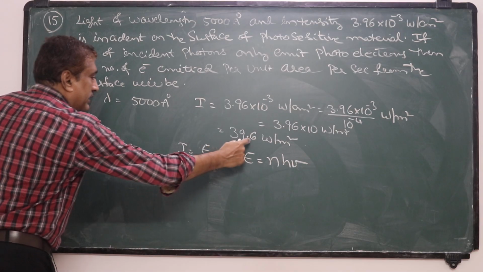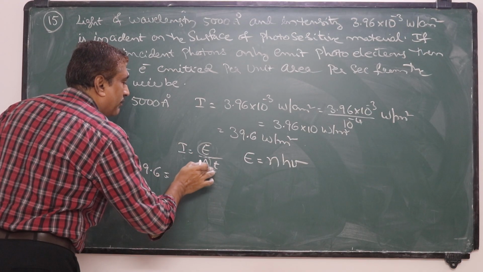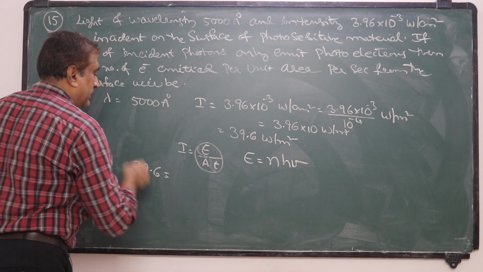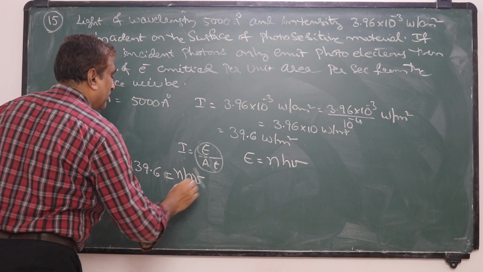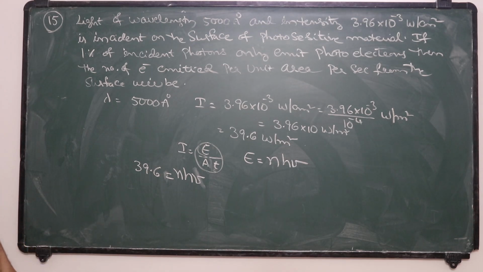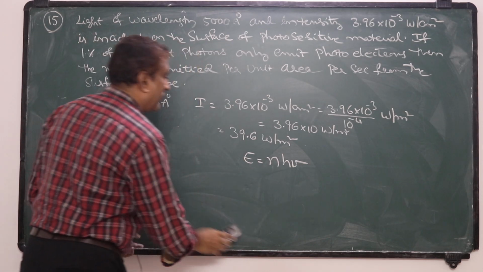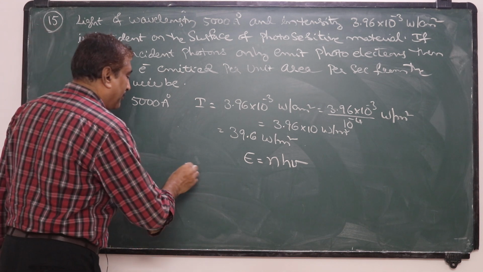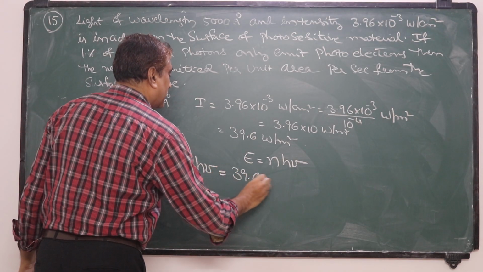The total value is given as 39.6, which is equal to n h nu. Therefore, n h nu is equal to 39.6.